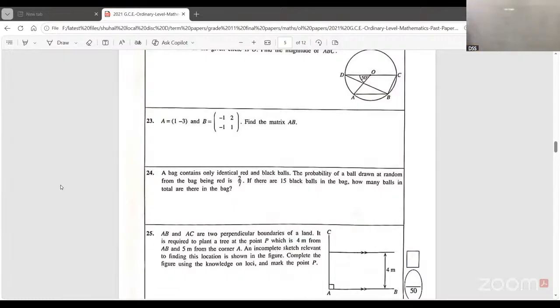Just because they have given probability, you might think it's a probability question. Getting a red ball is 2/7, and there are 15 black balls. The question is how many total balls.